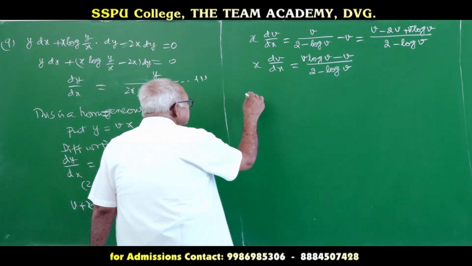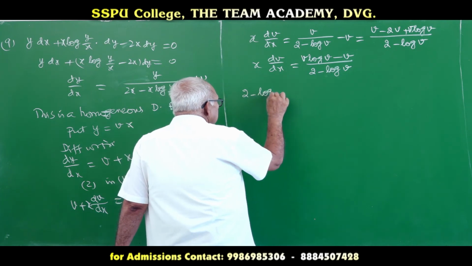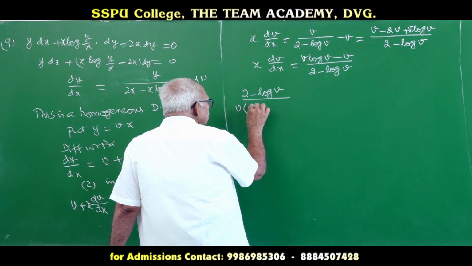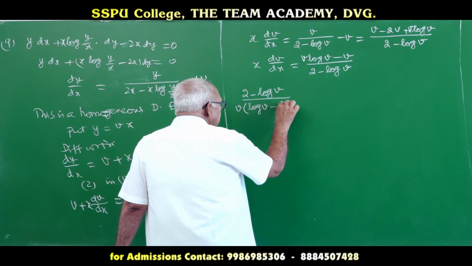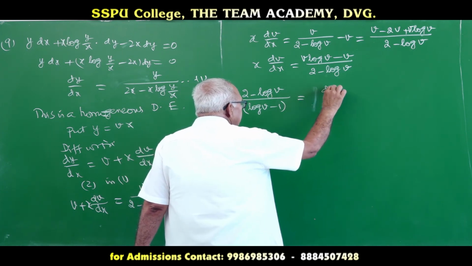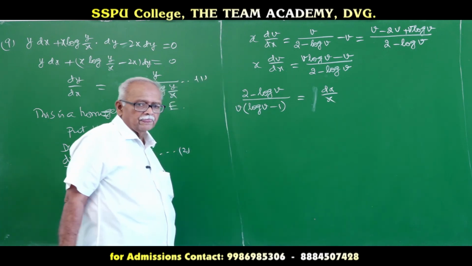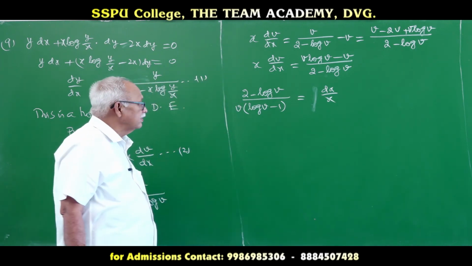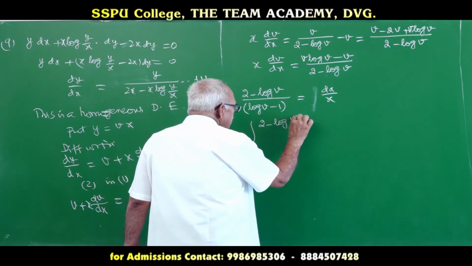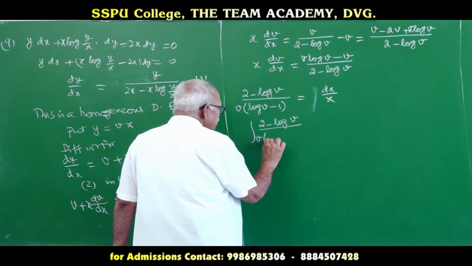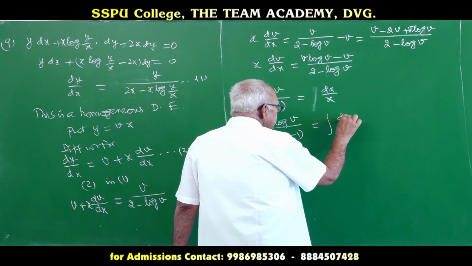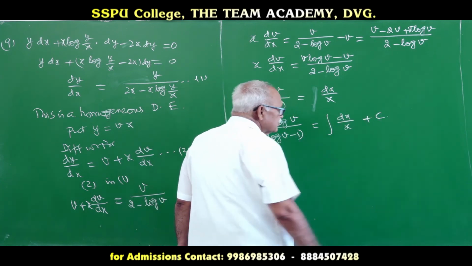Now, separating the variables: 2 minus log v divided by v into log v minus 1, dv, is equal to dx by x. Now, only integration is pending. Integral of 2 minus log v divided by v into log v minus 1 dv is equal to integral dx by x plus c.